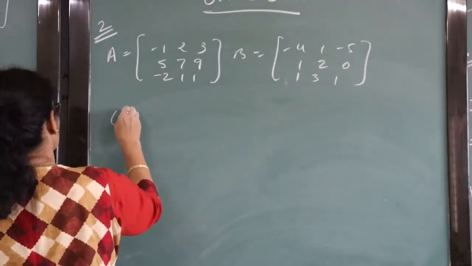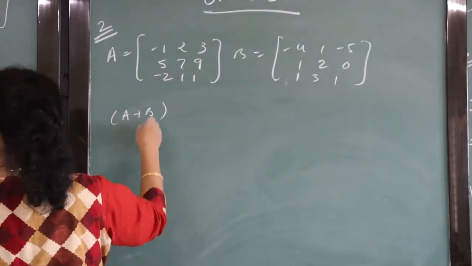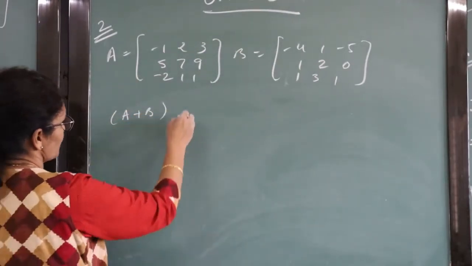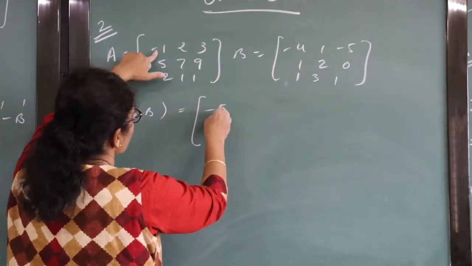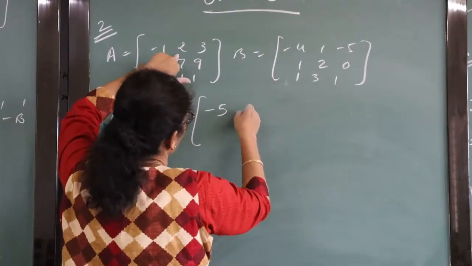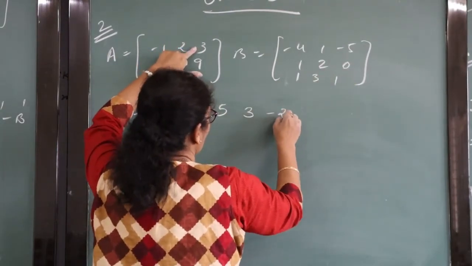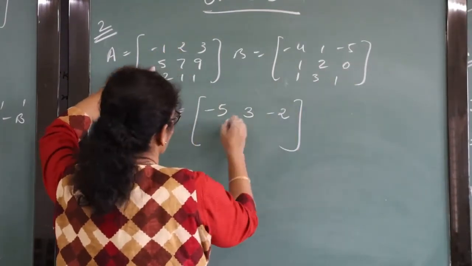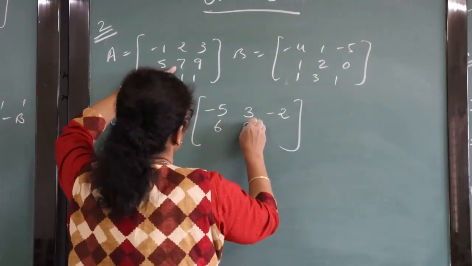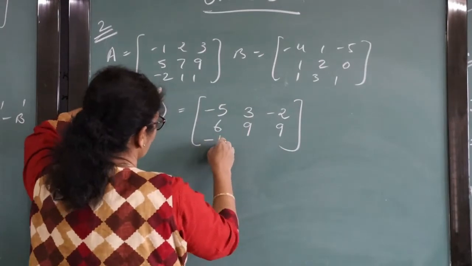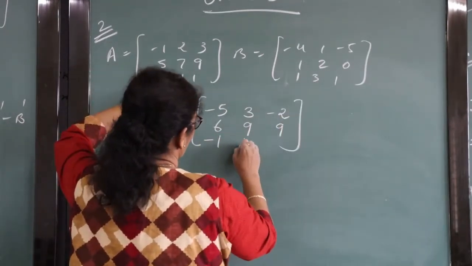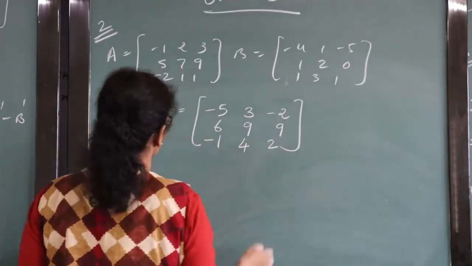Okay, let's add first. You have to show that the transpose of A plus B equals A transpose plus B transpose. So let's first add: -1 -4 -5, 2 and 1 3, 3 and -5 -2, 5 and 1 6, 7 and 2 9, 9 plus 0 9, -2 and 1 -1, 1 plus 3 4, and 1 and 1 2.